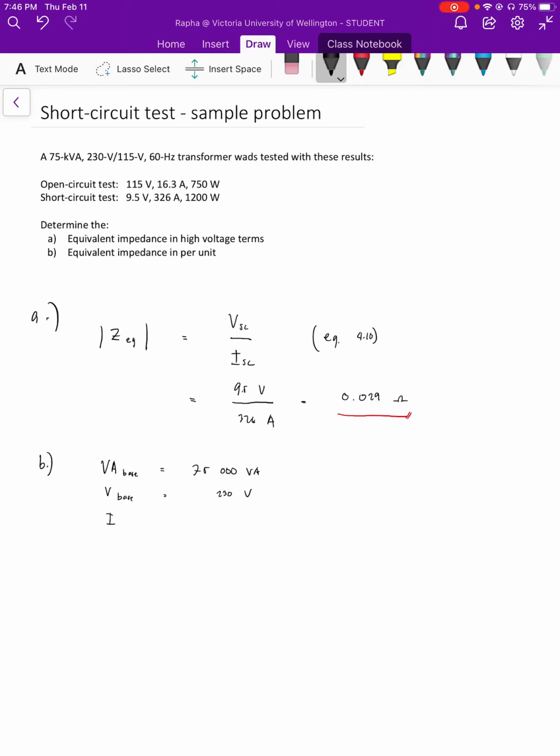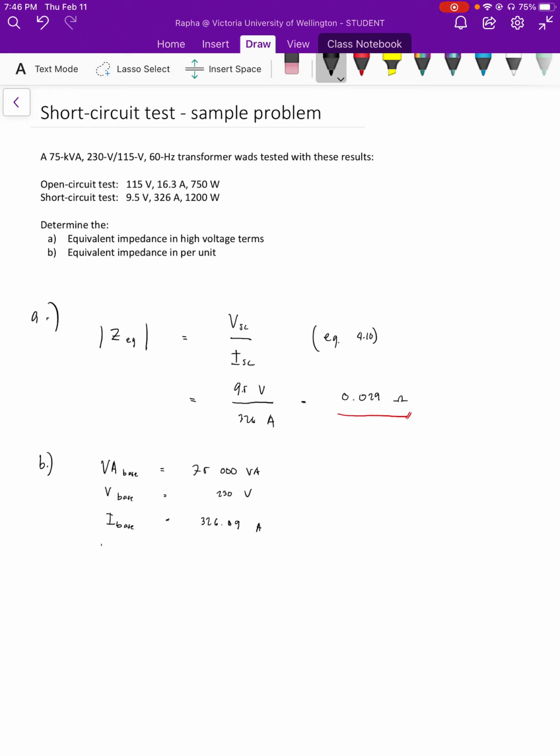Then ang base current nato is simply dividing VA by V. 75,000 VA divided by 230 volts, we have 326.09 amperes, which is almost equal sa atong short circuit current.